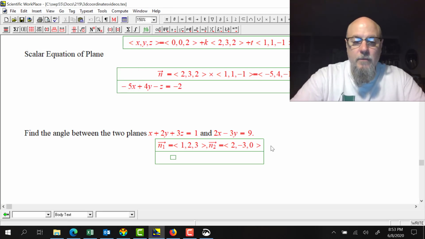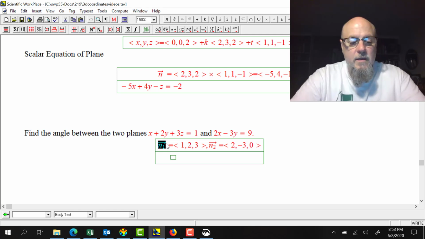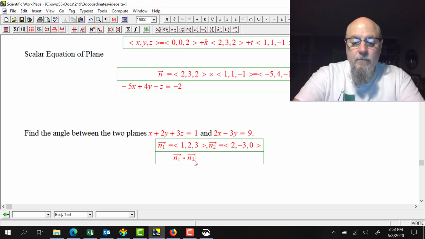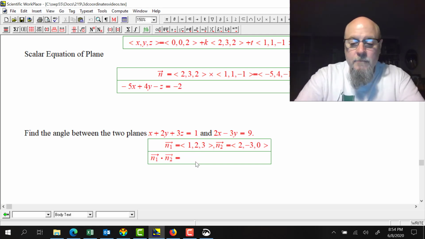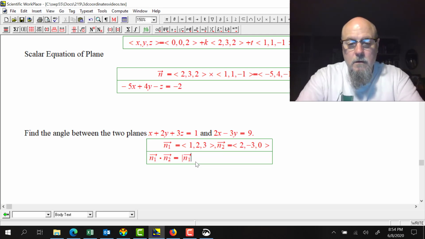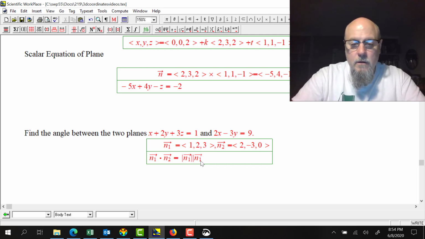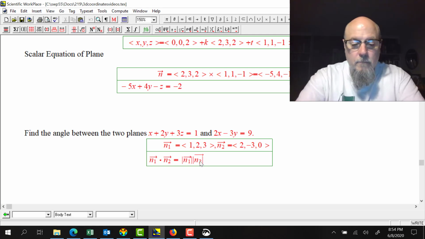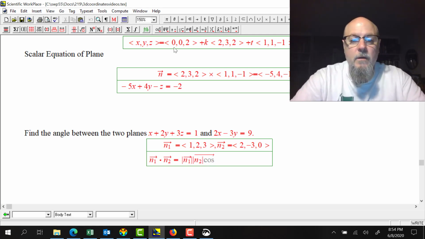So here's the formula that we're going to be thinking about. When I take these two vectors and dot product them together, I'm going to get the magnitude of one times the magnitude of the other, times the cosine of the angle between them.